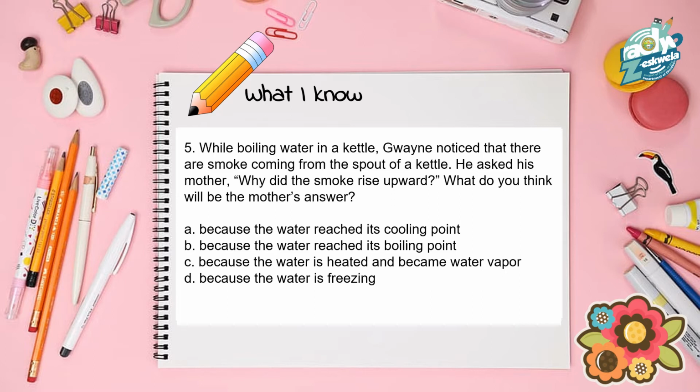A. Because the water reached its cooling point. B. Because the water reached its boiling point. C. Because the water is heated and become water vapor. D. Because the water is freezing.